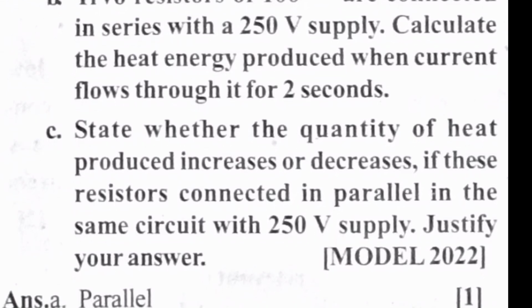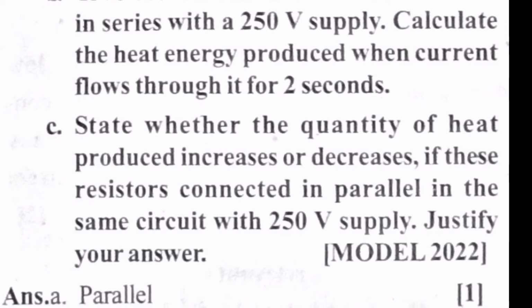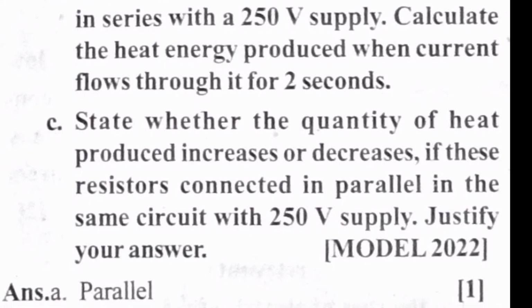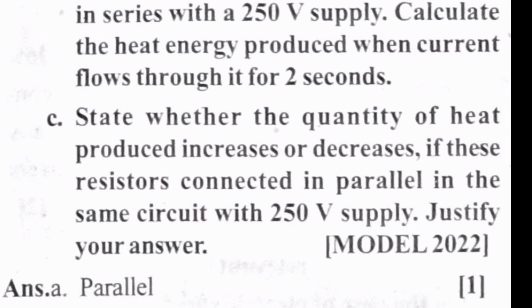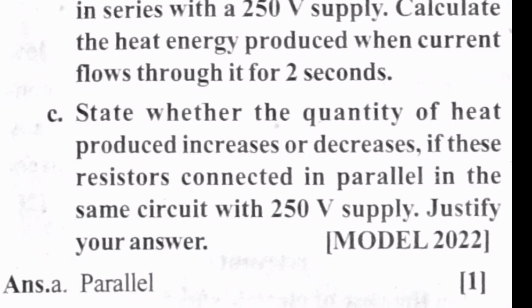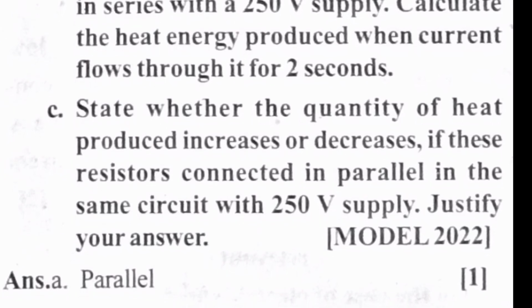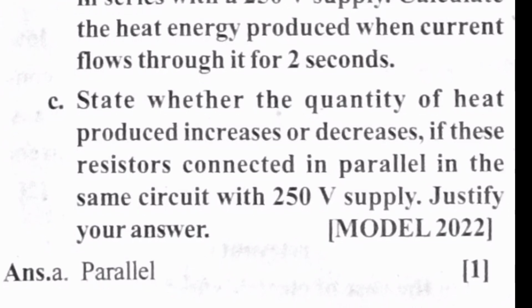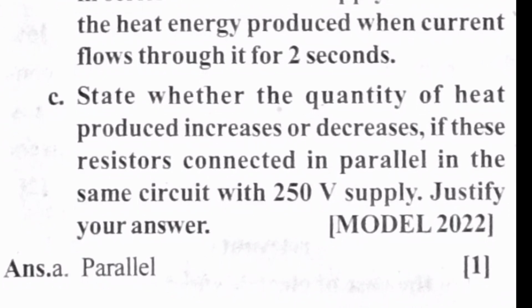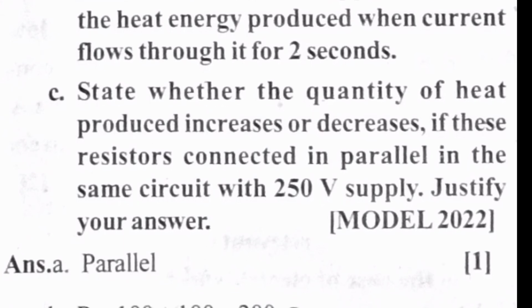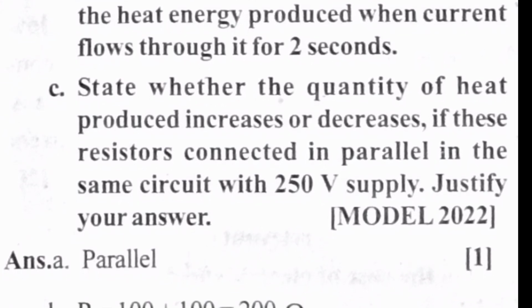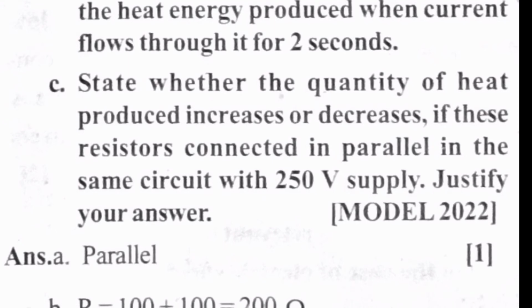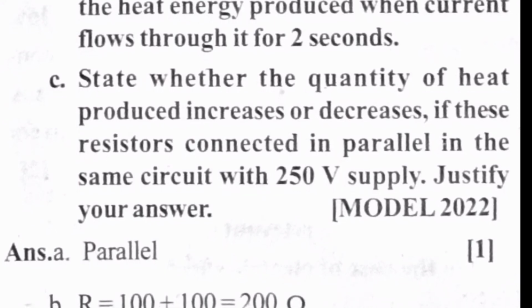In the second question, what are the given quantities? The two resistors have 100 ohm resistance. So that is given and it is connected in series, and the voltage is 250 volt. Then what are the other quantities? Calculate the heat energy produced when current flows through it for 2 seconds. That means time is given, and we have to calculate the heat energy produced.